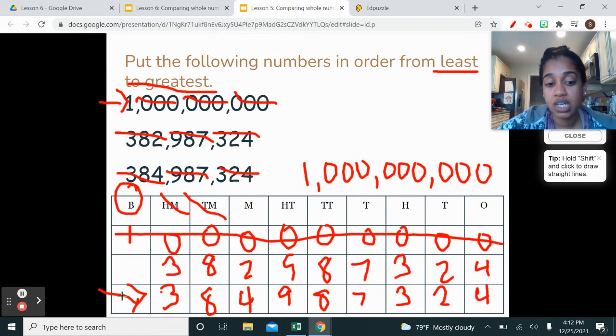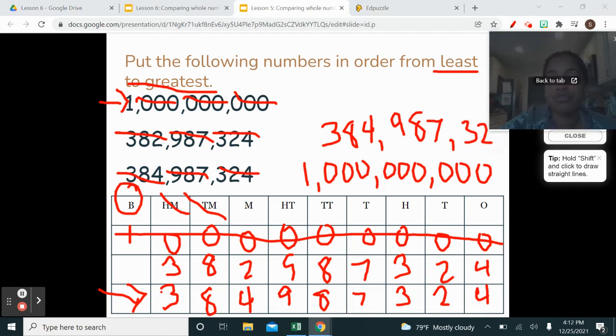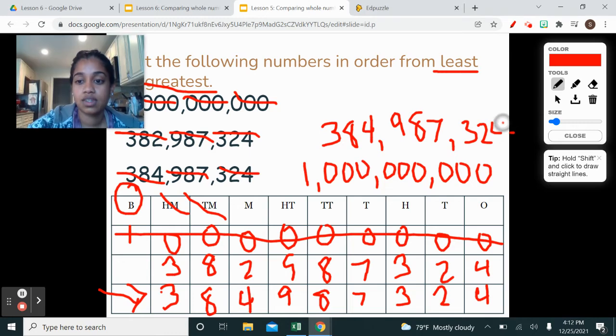So I'm going to put this one next. This is our next largest number. I'm going to put 384,987,324 right here. We're done with that one.